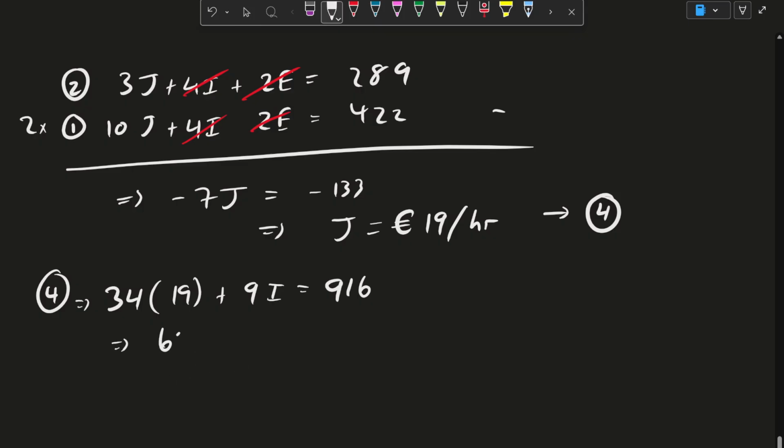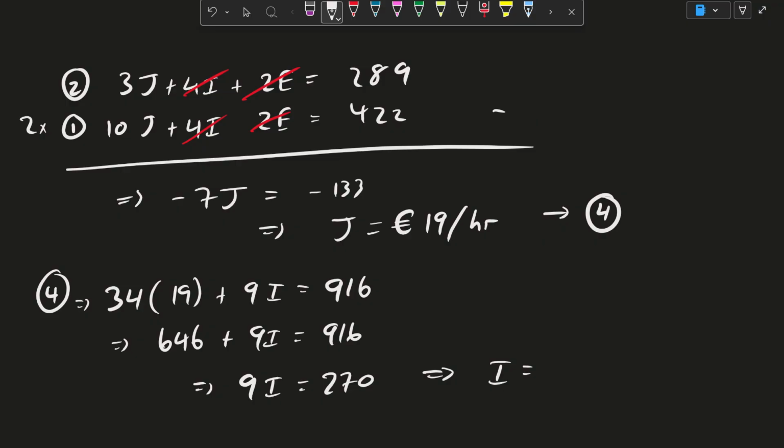So that turns into 646 plus 9I equals 916. So we get 9I is equal to 270. So the intermediate is getting paid 30 euro an hour.